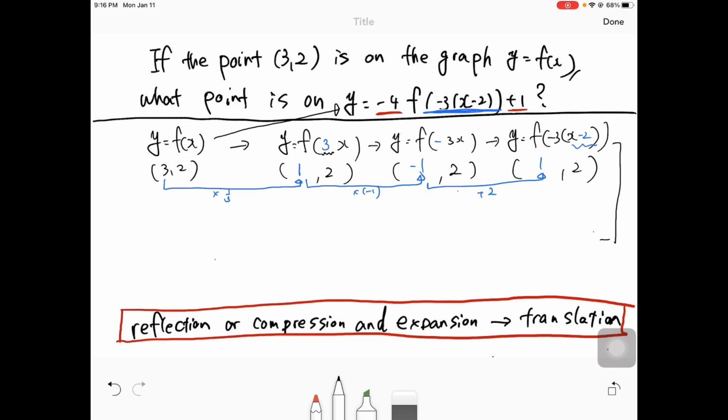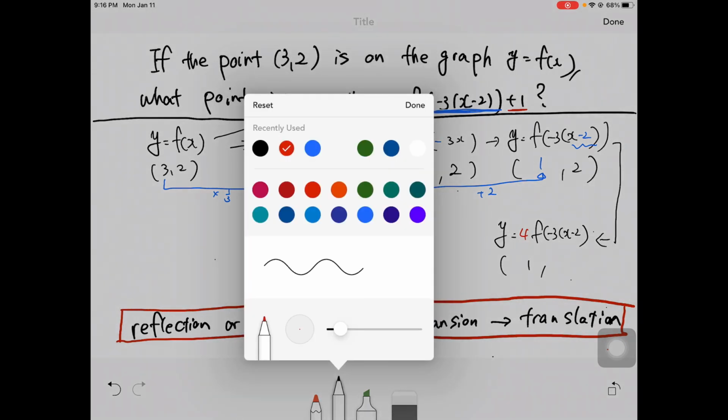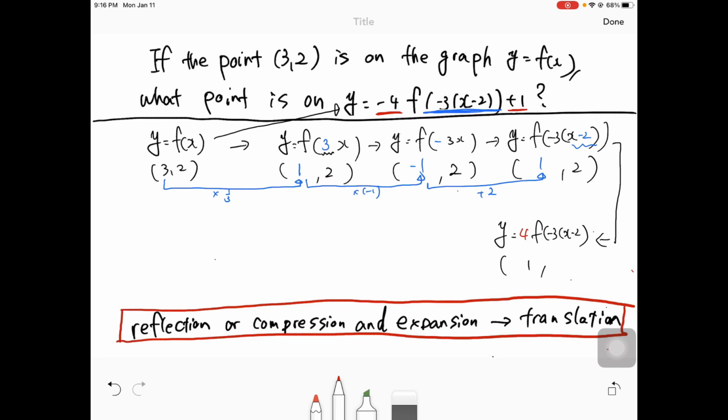Next, let's do vertical transformation. y equals f of -3x minus 2, and there's a 4, so let me put 4 here. This time it's a vertical transformation, so you don't need to change the x value, and there's a 4 in front of f of x.